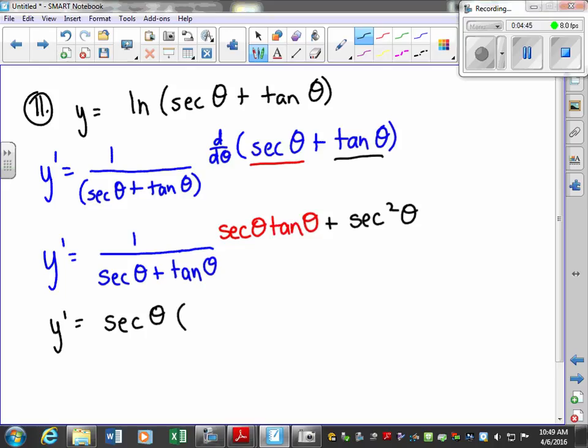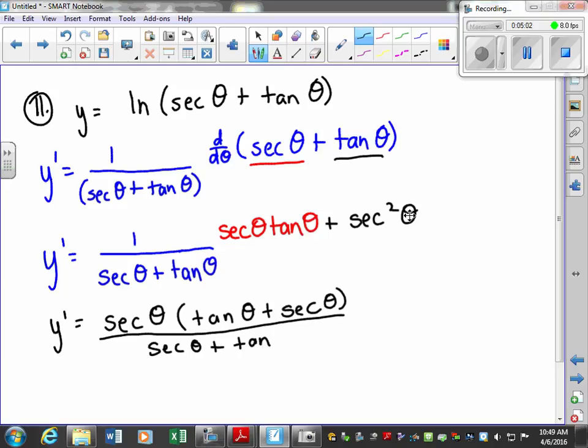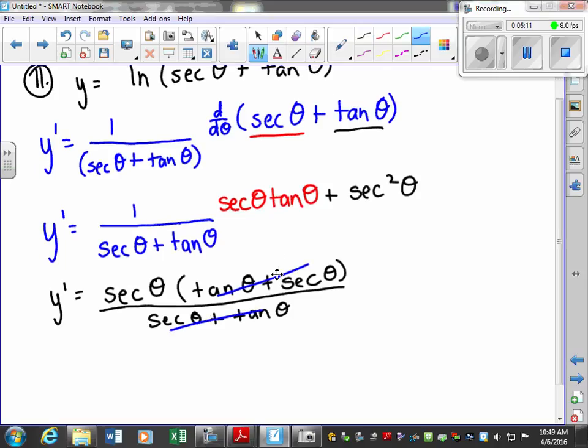Tangent theta. And if I factor out a secant theta out of this one, we have secant theta. And then over my numerator, which is in blue up there, I'm going to just carry it down. And now what do you see? Yes, a secant theta plus tangent theta cancel, and we're just left with y prime is equal to secant theta.